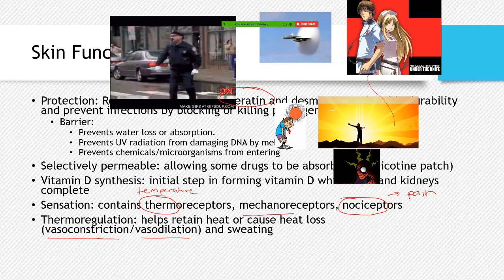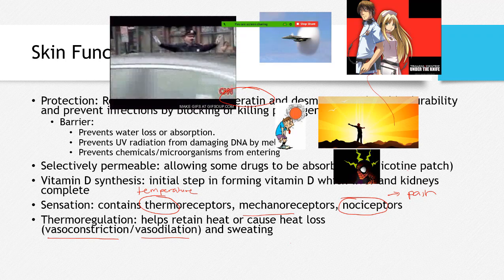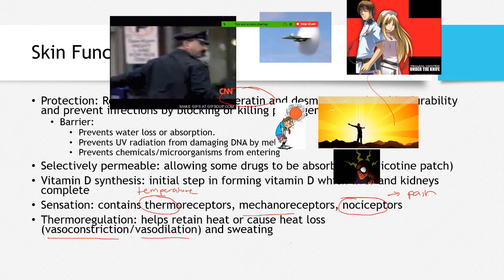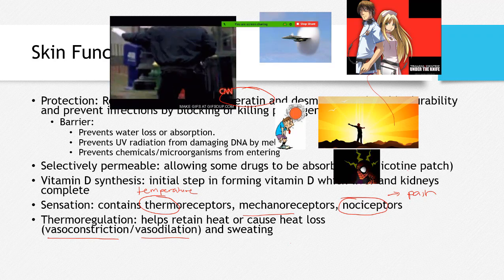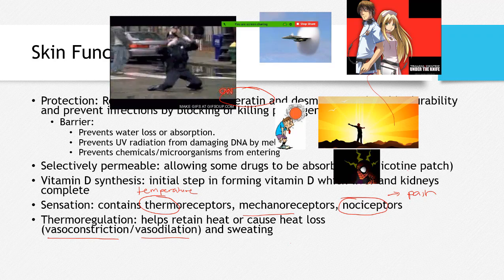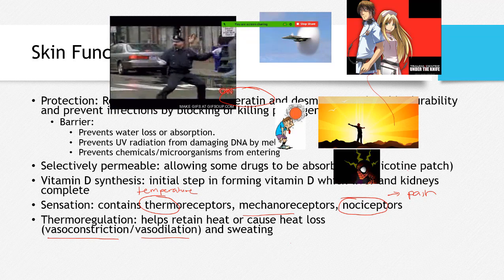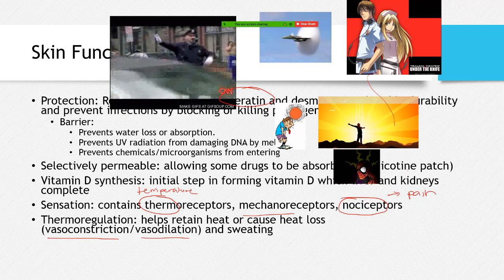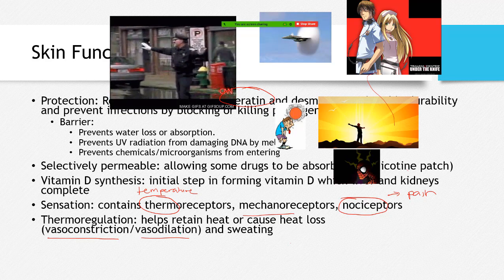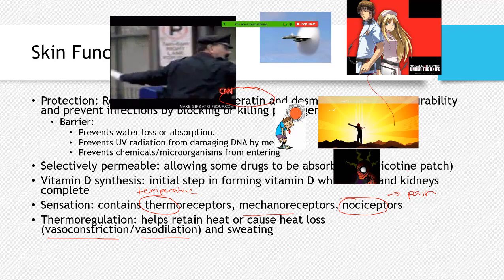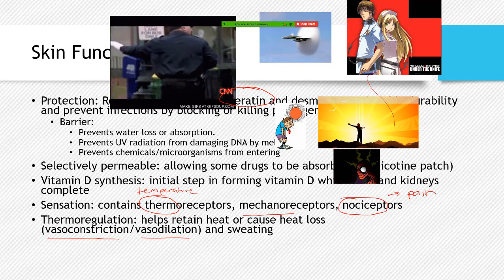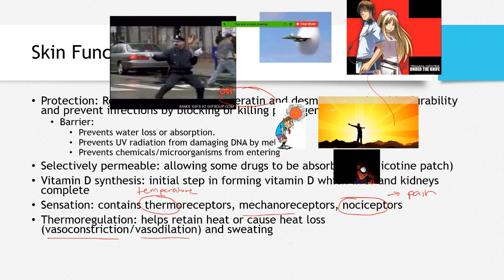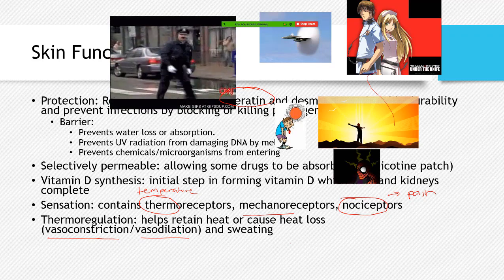If there's less blood flow to the skin, then we keep more of the blood in the core of the body, and then we will lose less heat. So when we're cold, we're going to vasoconstrict the skin. Versus when we're hot, we want to vasodilate the skin so that more blood flow goes there, so we can dissipate the heat from our core to the extremities of our bodies to release the heat.